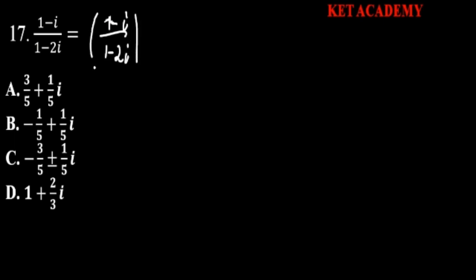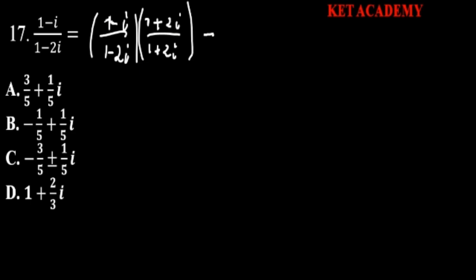So basically, we want to rationalize our complex number, and to rationalize it, we multiply top and bottom by the conjugate of the denominator. The conjugate is simply gotten by changing the sign between the terms in the denominator and multiplying the top and the bottom by it. So our denominator is 1 minus 2i. The conjugate of 1 minus 2i is 1 plus 2i.